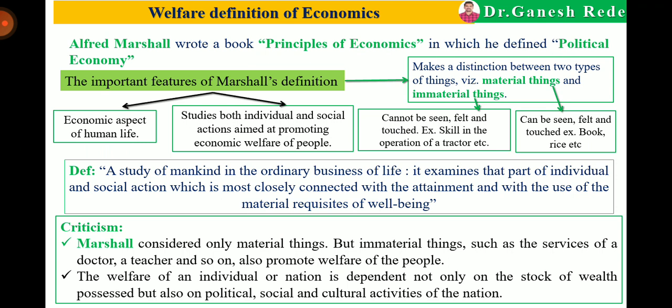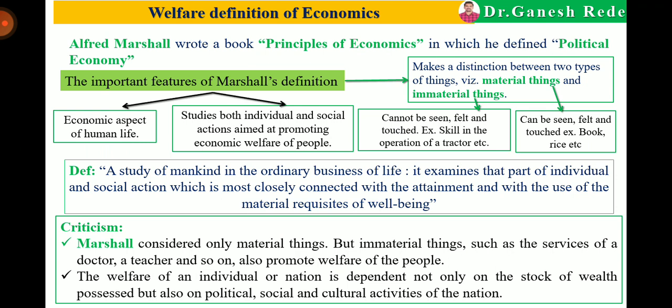Many times the question is asked: who criticized the welfare definition of economics, or Alfred Marshall's definition of economics? The correct answer is Lionel Robbins. Lionel Robbins criticized the welfare definition of economics. Keep that in mind.